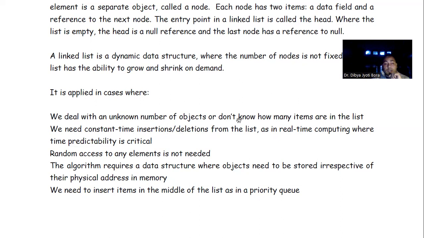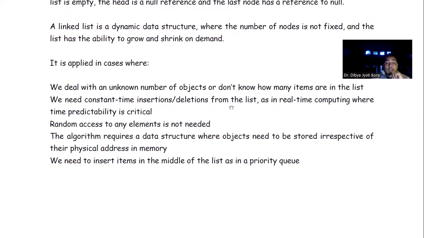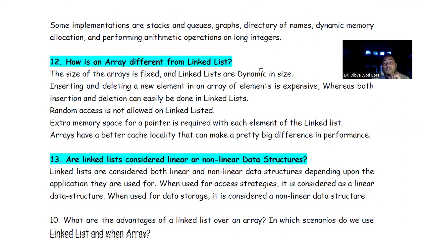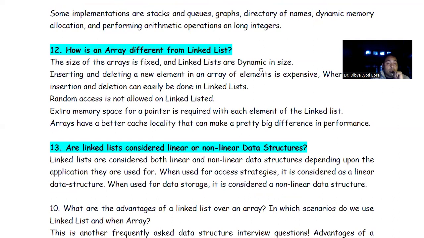Then, if random access to any element is not required, or if we need to insert items in the middle of the list. Some implementations of stacks, queues, directory of names, dynamic memory allocation, and performing arithmetic operations on long data are also such cases.